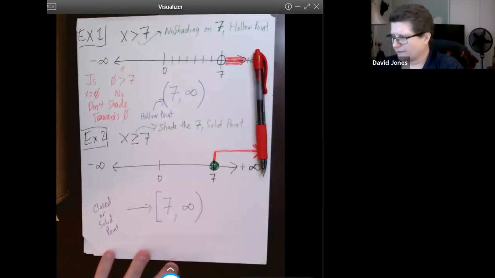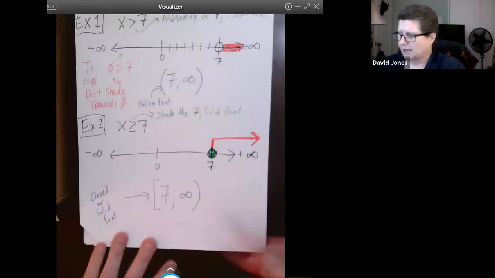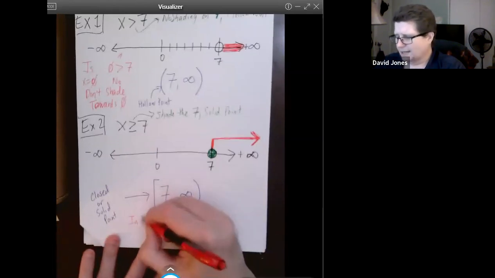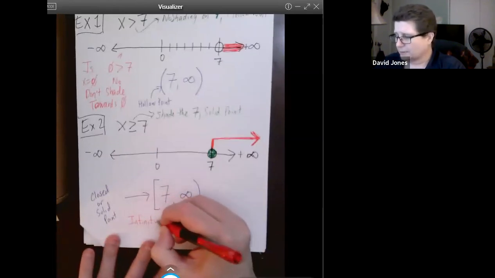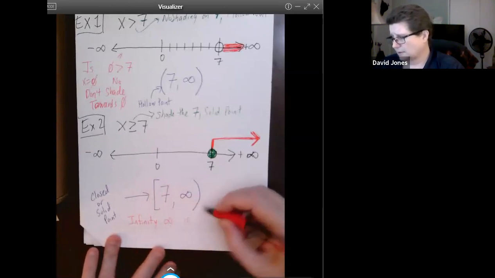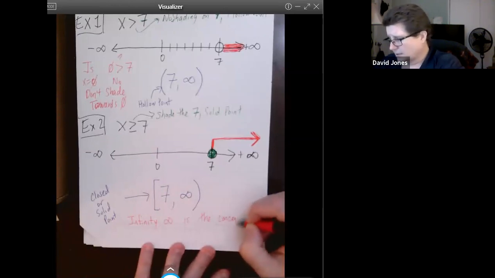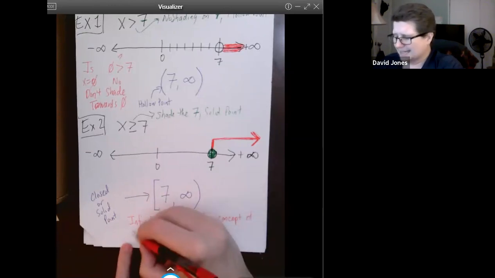And I'm not sure if I covered what infinity means before this in a previous video. Infinity is the largest number possible, or is the concept of a limitlessly high number.